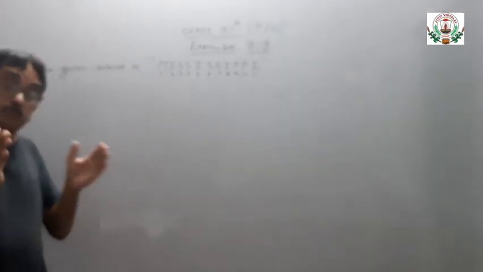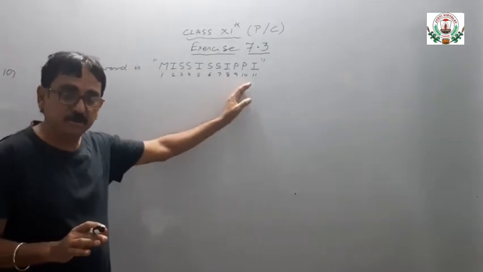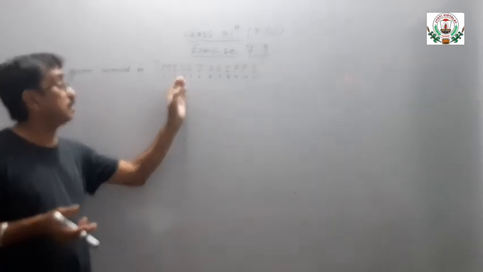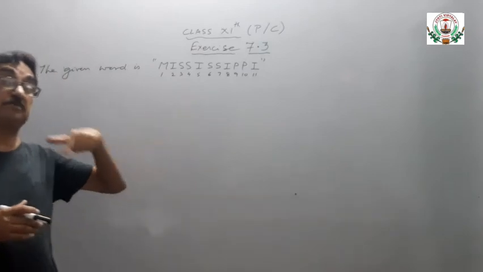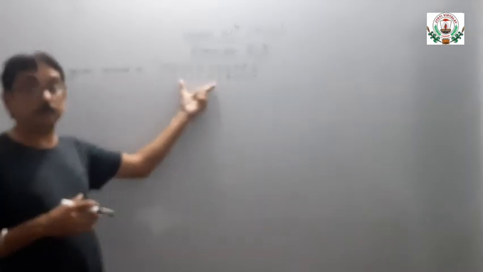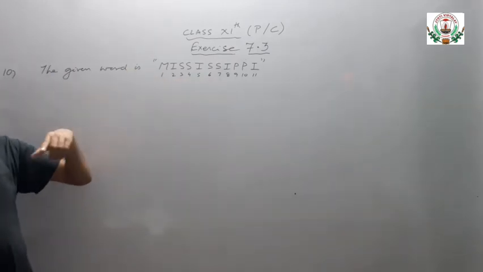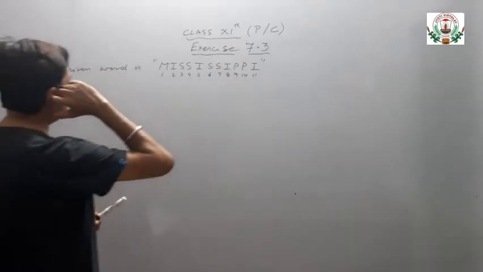Then you form the permutations when the I's come together. You subtract that number from the total permutations formed without any restrictions, and you will get the answer for when the I's do not come together. Let us work it out.